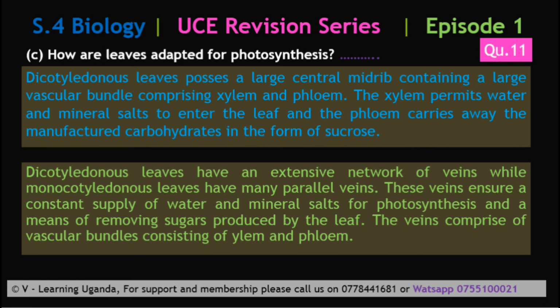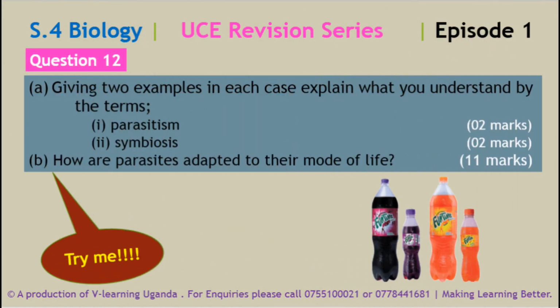Now, these dicotyledonous leaves have an extensive network of veins, while the monocotyledonous leaves have many parallel veins. These veins ensure a constant supply of water and mineral salts for photosynthesis and a means of removing sugars produced by the leaf. That is very important. And that is question 11.